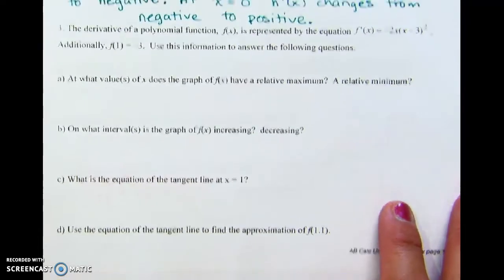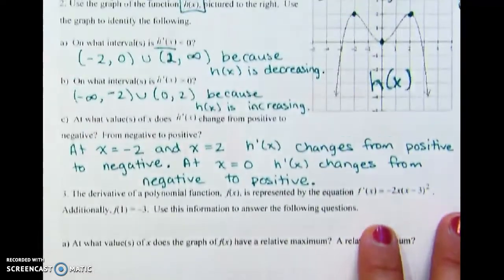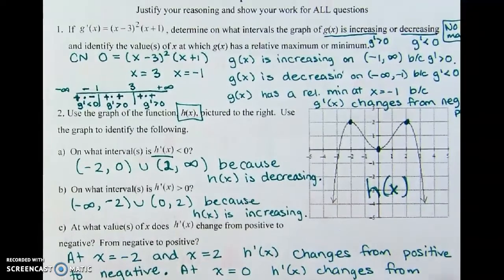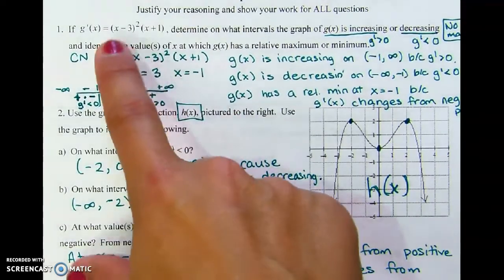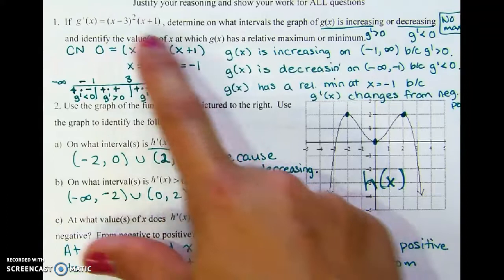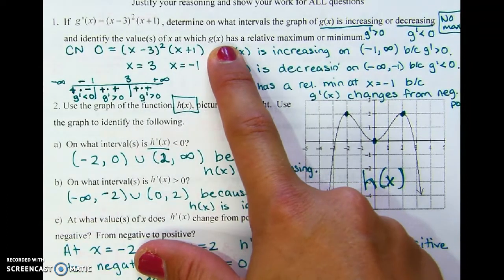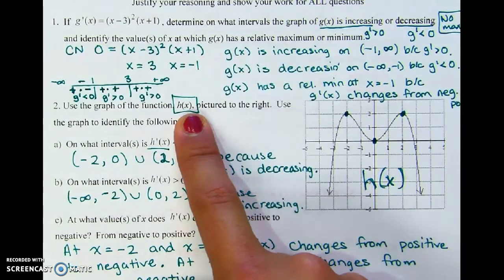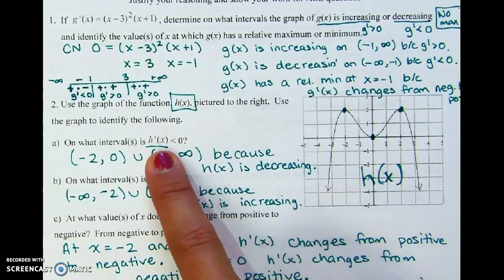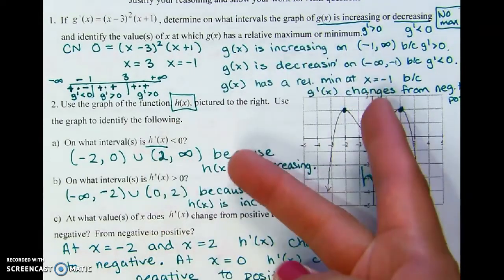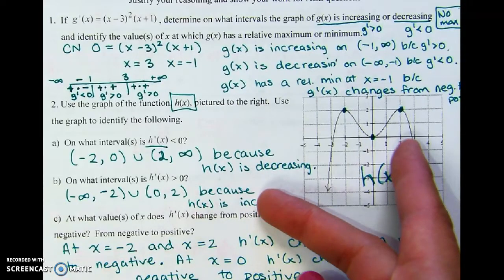Are you ready? The key here is that you need to know, am I analyzing a derivative and answering questions about the original function, or am I analyzing an original function and answering questions about the derivative? And we're going to flip-flop in your head with those memorization facts.